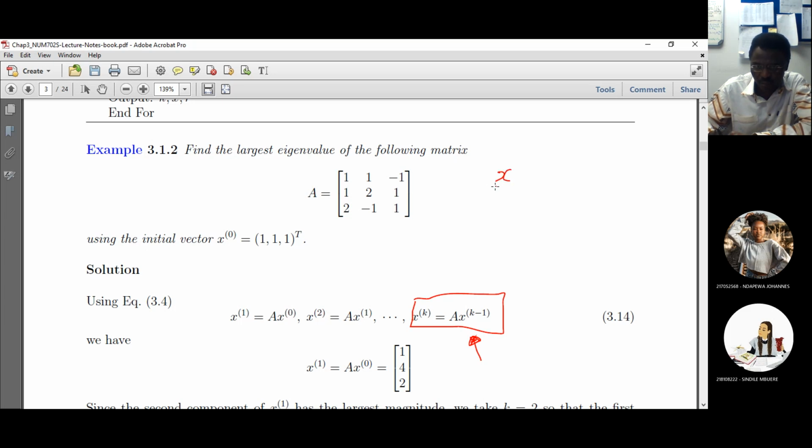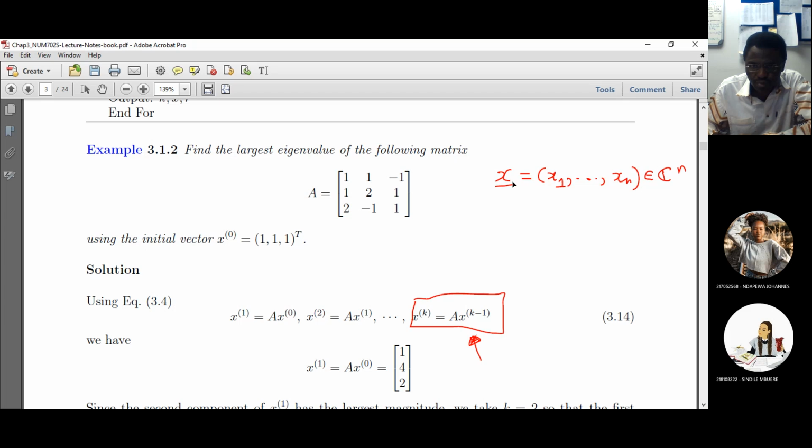Let's say x is a vector, with n components, x1, x2, up to xn. This is an element of C^n or R^n.